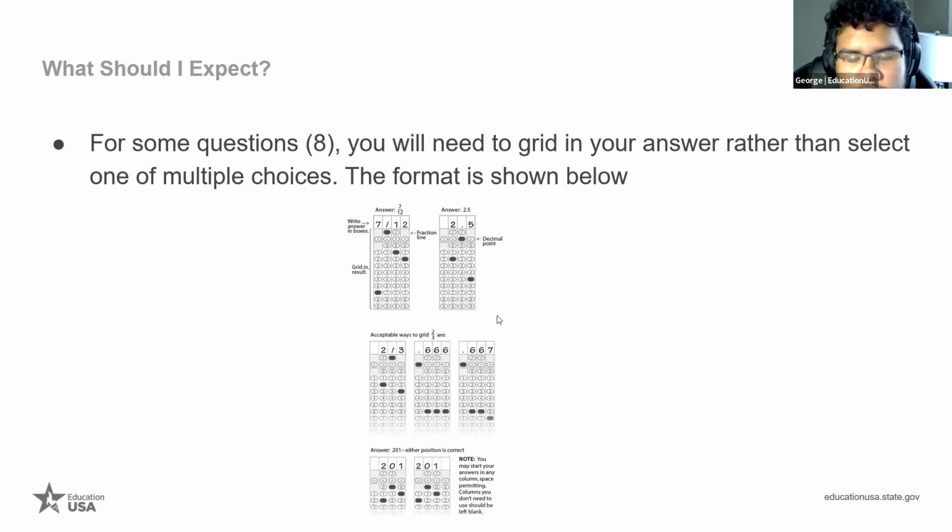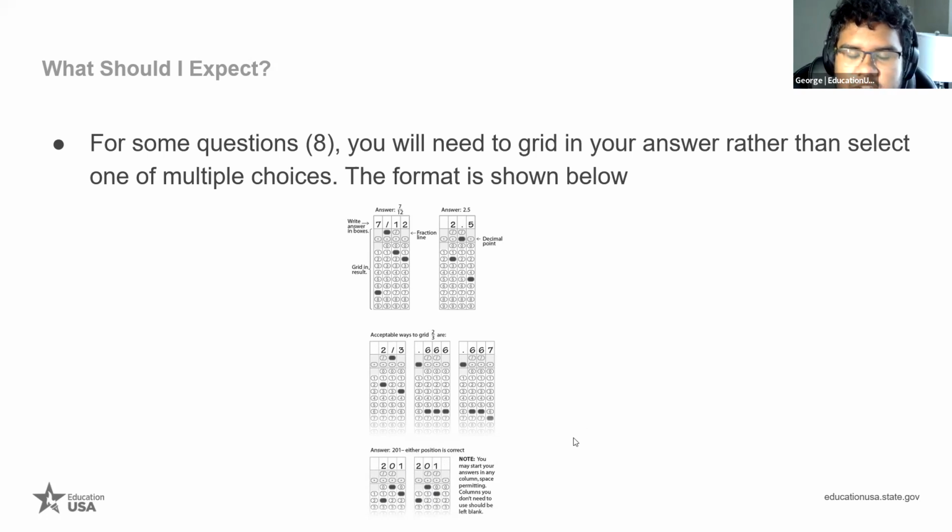And another thing to note about bubbling in these answers is that your answer does not necessarily have to take up all 4 of the squares. For example, in this other case shown down here, bubbling in the answer 201, you can bubble it either starting from the leftmost column here, as shown on the right answer bubble set, or you can write it towards the right side.